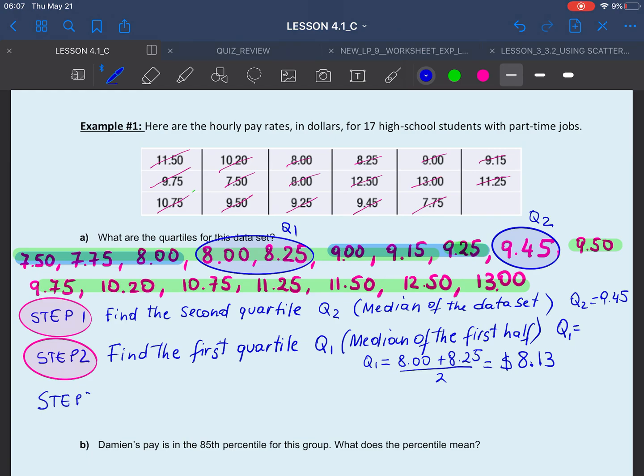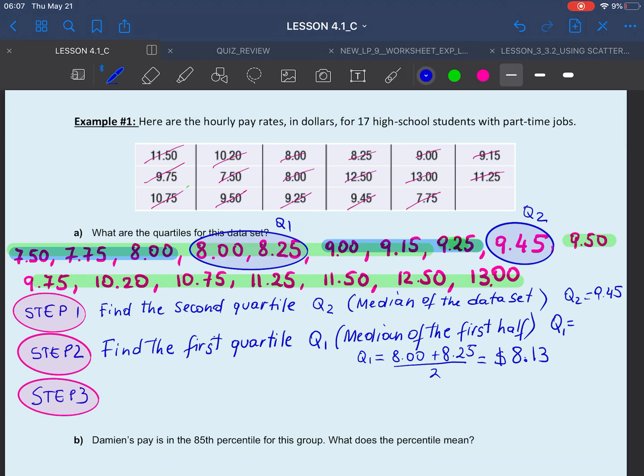And last but not least, that would be our step 3, is determine quartile 3. So find the third quartile.